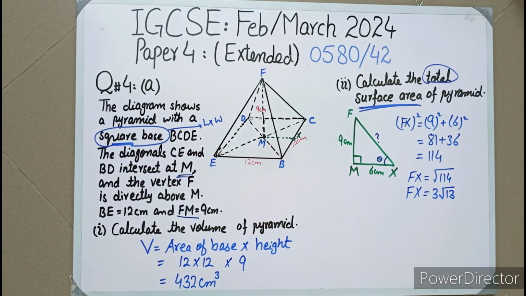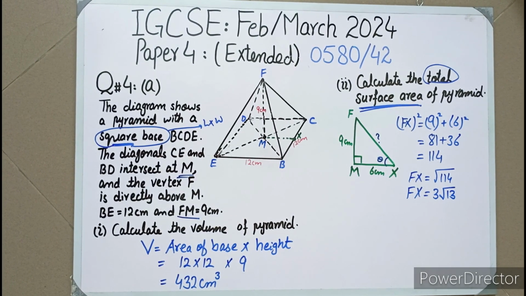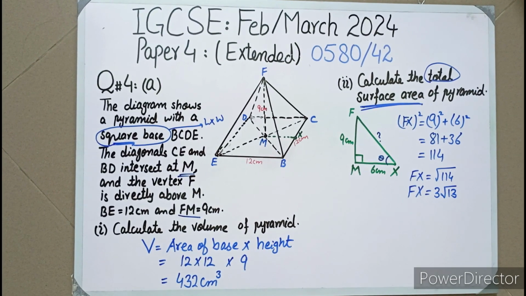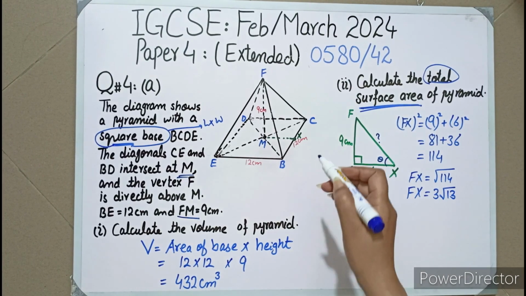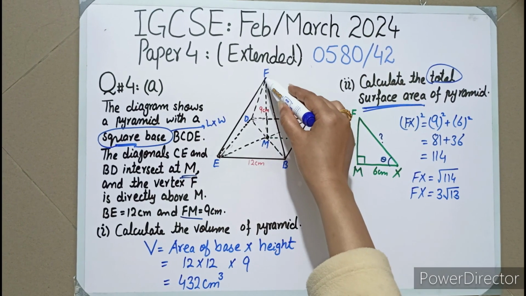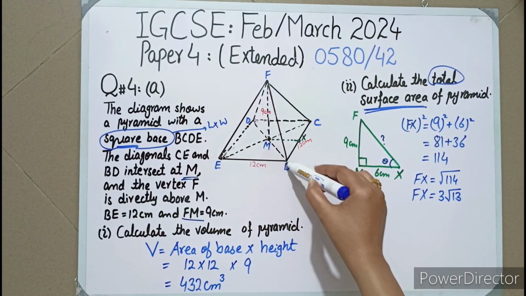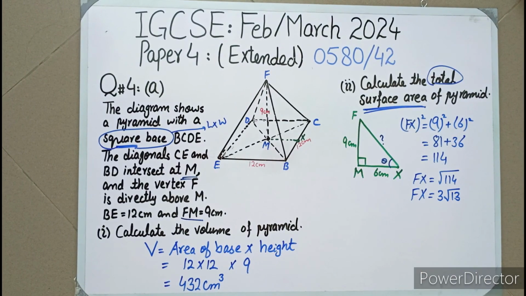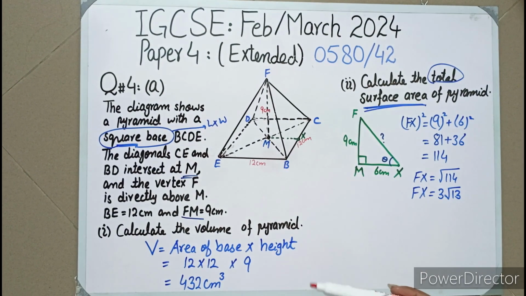But this is not the whole triangle. Now if I take the face FBC, I'm going to take this whole thing, FBC.